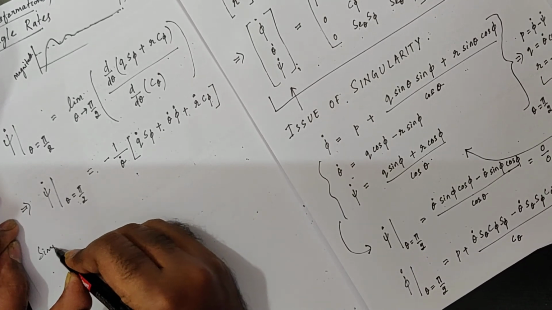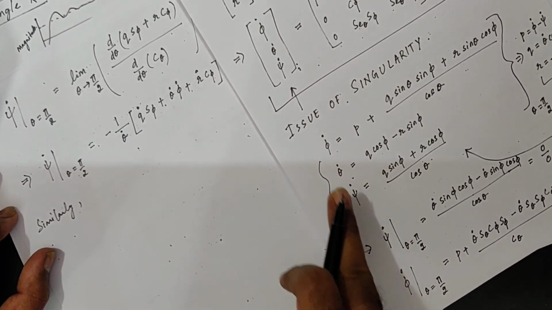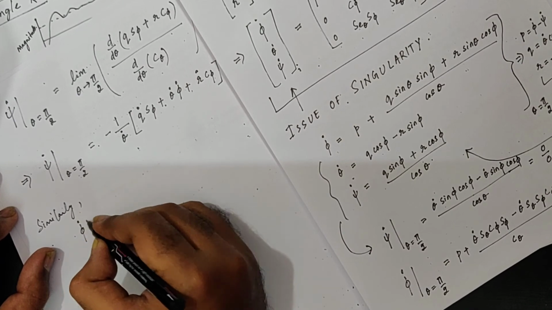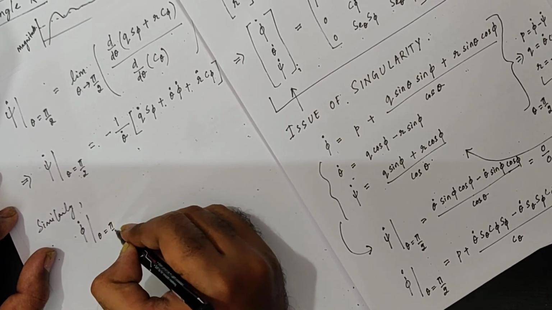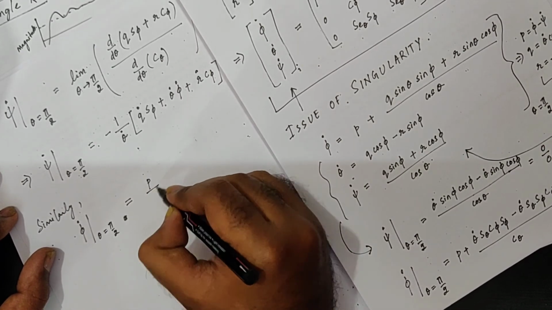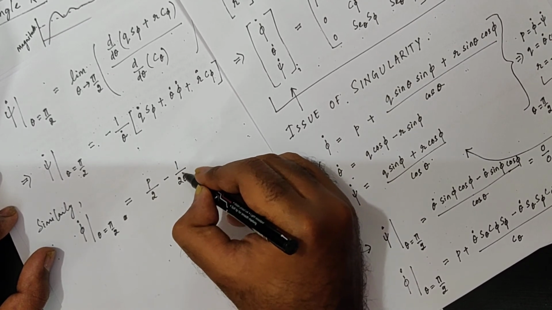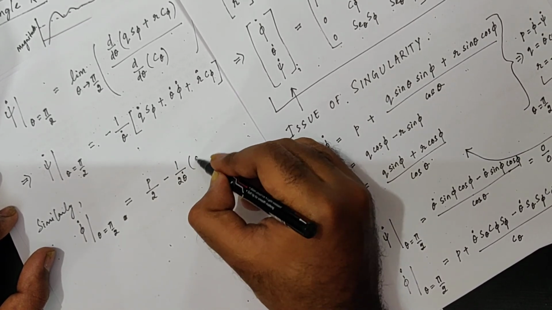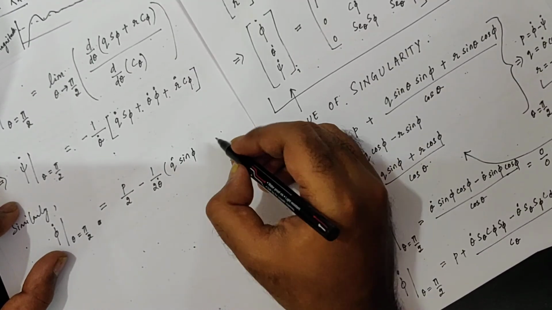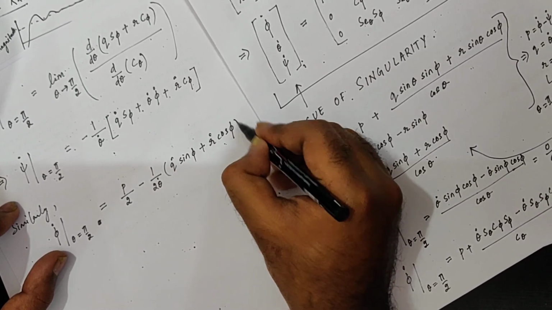Similarly, we can also compute for the other two, phi dot and theta dot. So what we get: phi dot at theta equals pi by 2 equals P by 2 minus 1 by 2 theta dot, Q dot sin phi plus R dot cos phi.